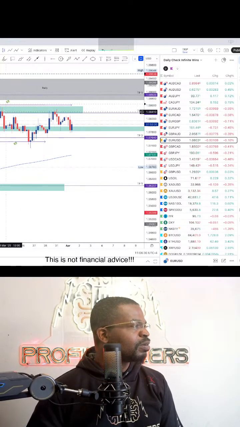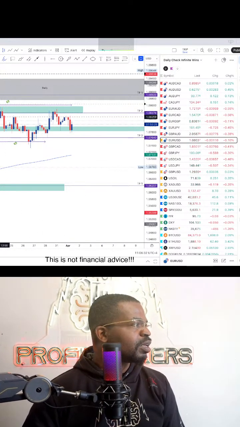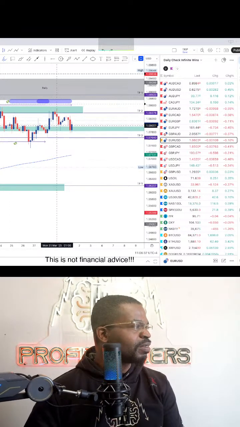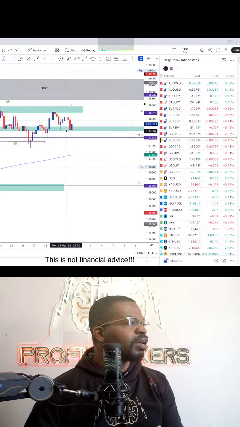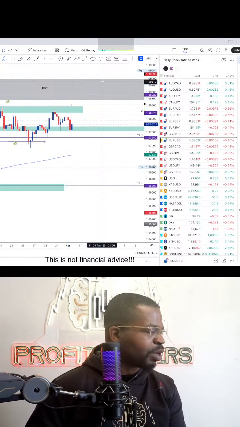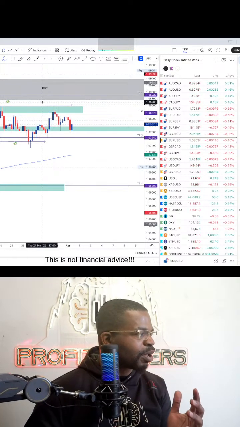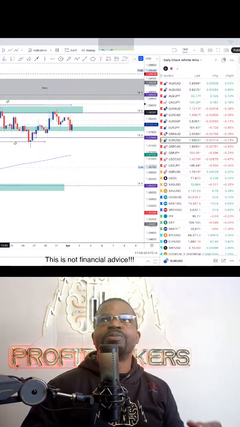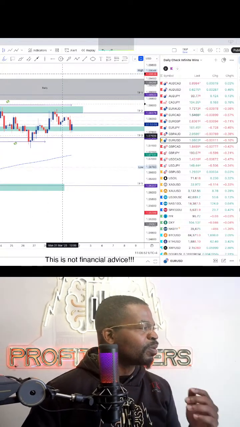Right here above this area, we got a lot of stop losses. So this move to the upside to retest this daily zone definitely could be exactly what you described it as, a liquidity grab. For people that don't know what liquidity is, it's just stop losses or money. When retail traders find the area that we believe is valid, we start protecting it.